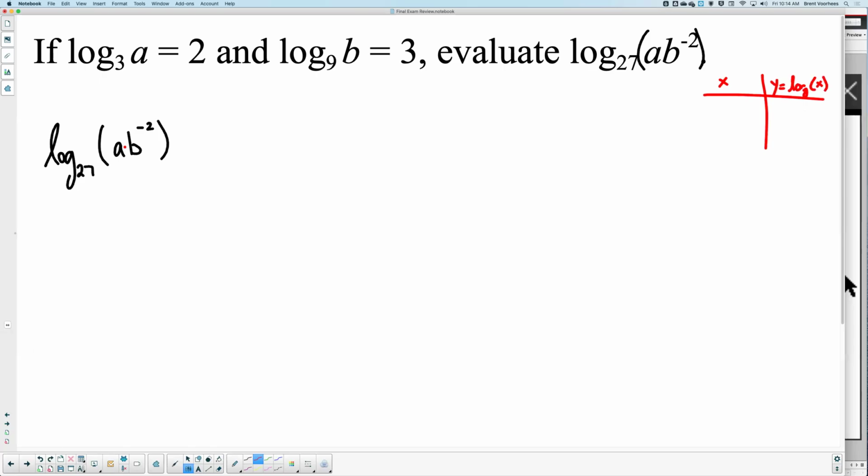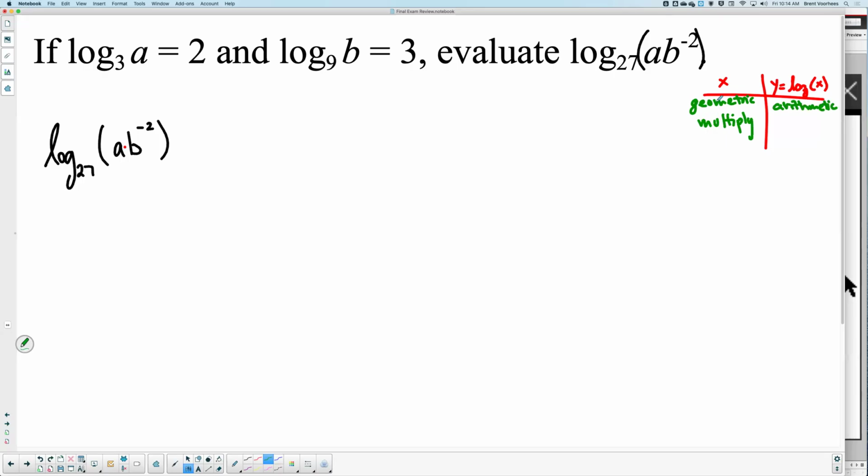If you're multiplying on the inside of a log, is x arithmetic or geometric? Yeah, it's geometric. So if this is geometric, that means it's one operation higher than this side.